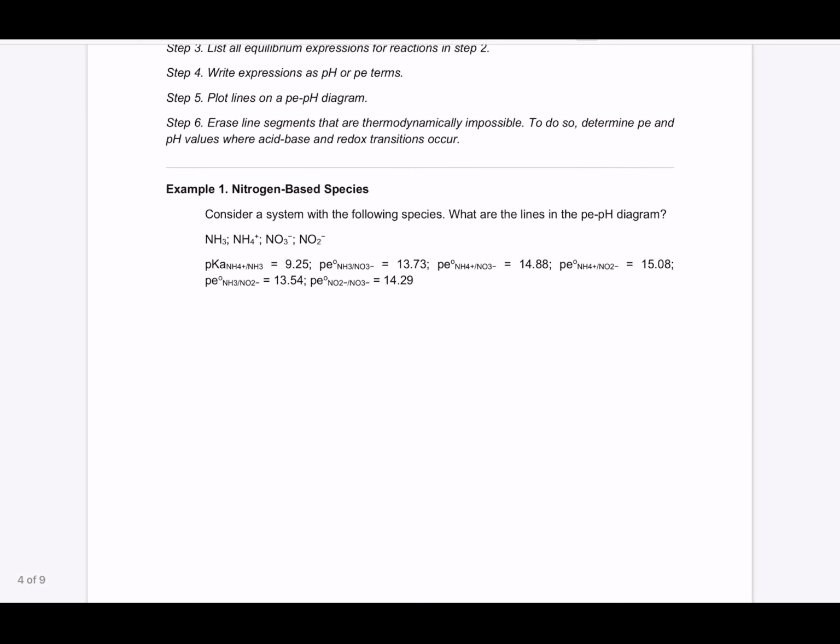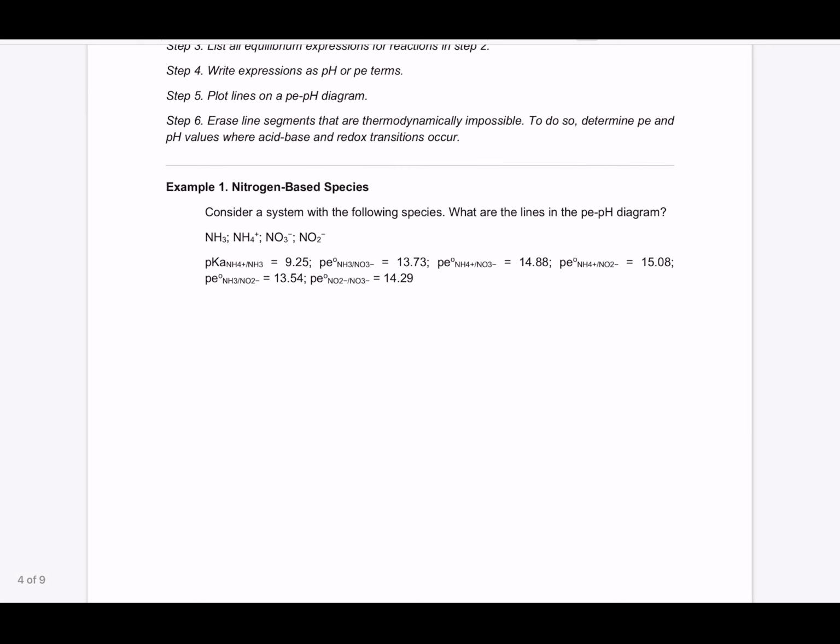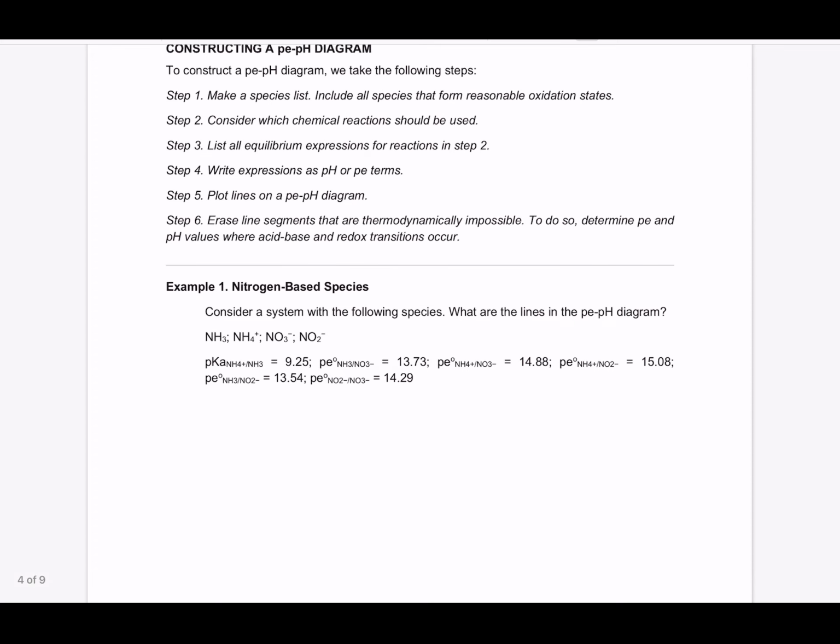So in example 1, what we're doing is just to construct the equation of the line. So we're doing up to step 4. We're not plotting it and we're not erasing the part that doesn't make sense. But in examples 2 and 3, we're going to do all of it.